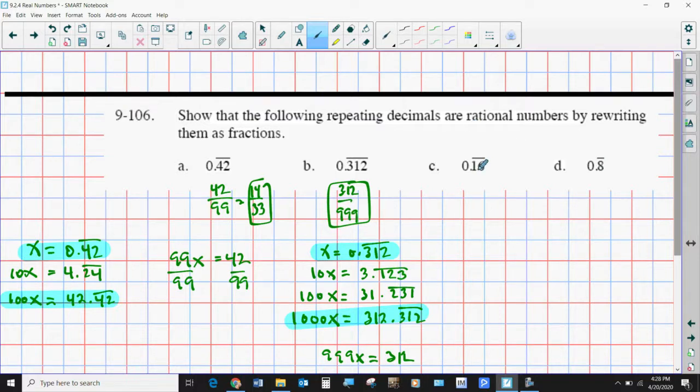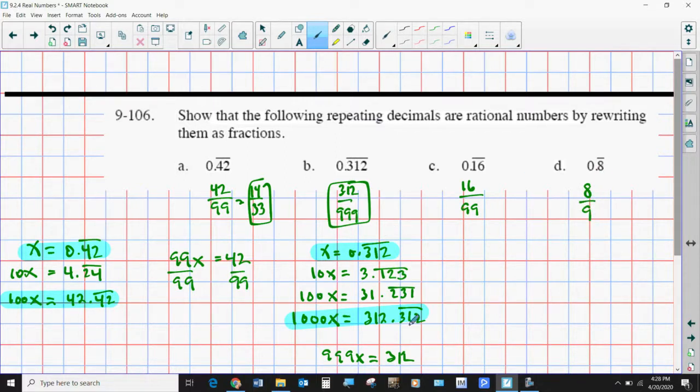We know the pattern. We saw it on problem 104. Both digits are being repeated, so it's going to be a 99, and the number in the numerator is 16, so it becomes 16 over 99. Having trouble with my pens today. There we go. And then this 0.8 repeated is the same as 8/9.